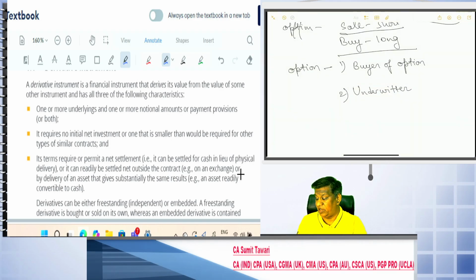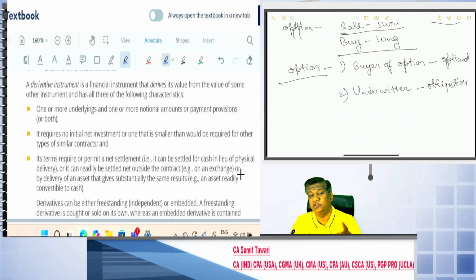Execution of the contract is an obligation for the underwriter, but for the buyer of the option, it is optional. He can avoid the contract, which is why we call it an option. But the underwriter needs to fulfill the contract. He needs to accept it. Clear? That is the difference between forward, future and option.